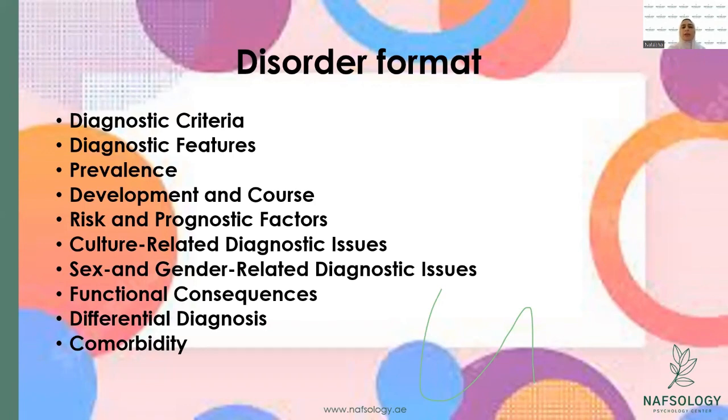Now, the other headings, which are prevalence, development and course, risk and prognostic factors, culture related diagnostic issues, then you have sex and gender related diagnostic issues. All of these I can sort of explain to you under one umbrella.